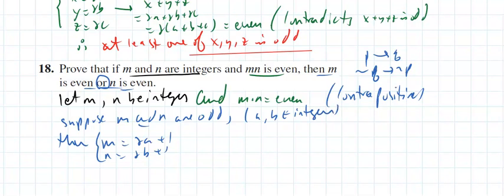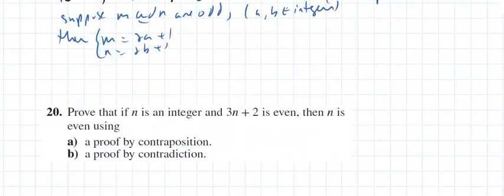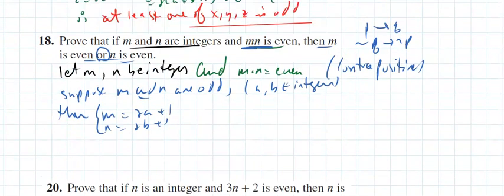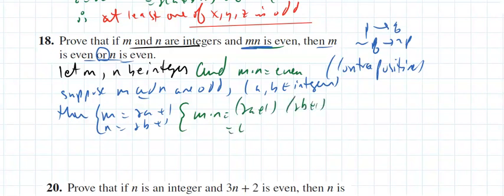So if I take the product, I should write it here. Wouldn't that be 2a plus 1 times 2b plus 1? Isn't that 4ab plus 2a plus 2b plus 1?